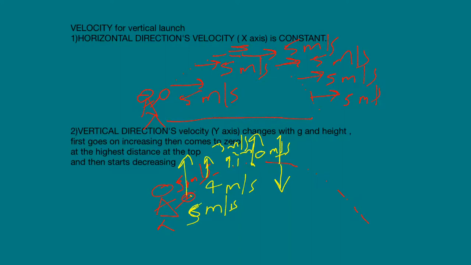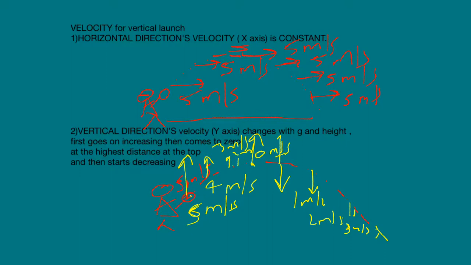From 0 at the top, it will become 1 meter per second, 2 meters per second, then 3 meters per second, then 4 and 5 meters per second. Like that it will fall down.